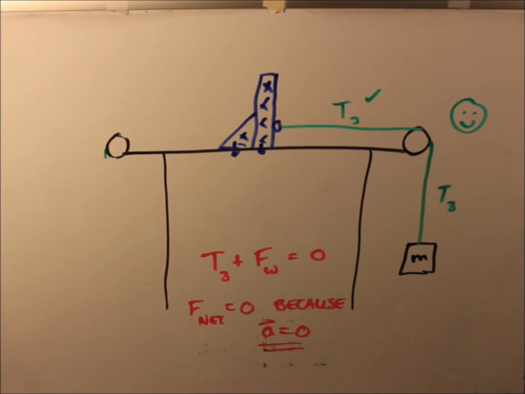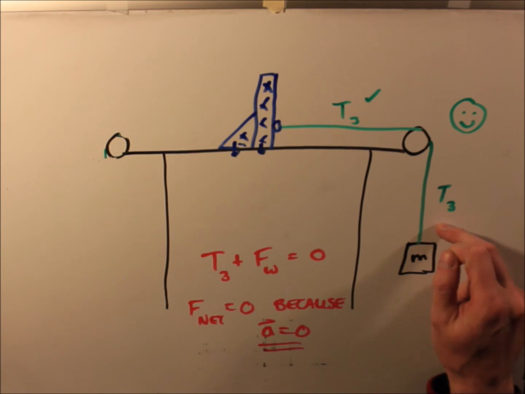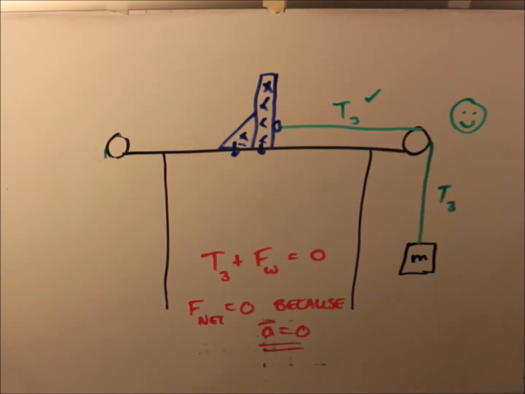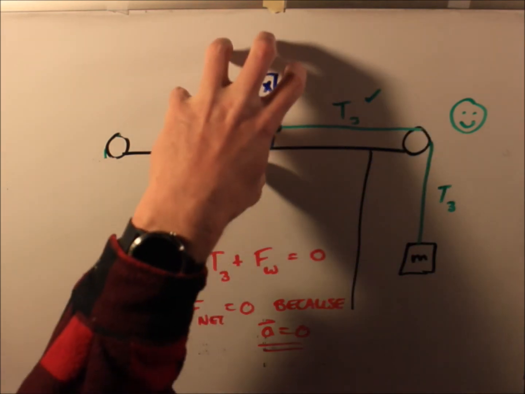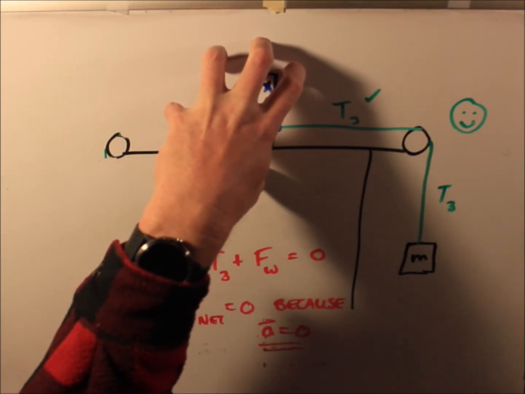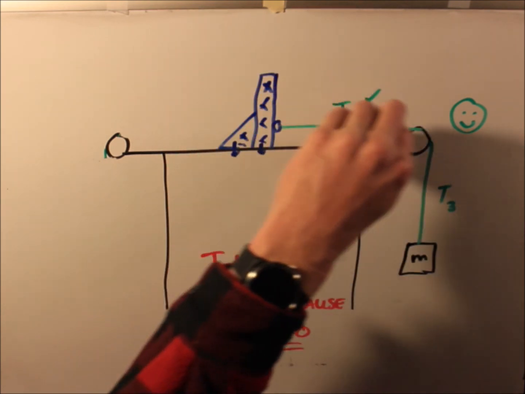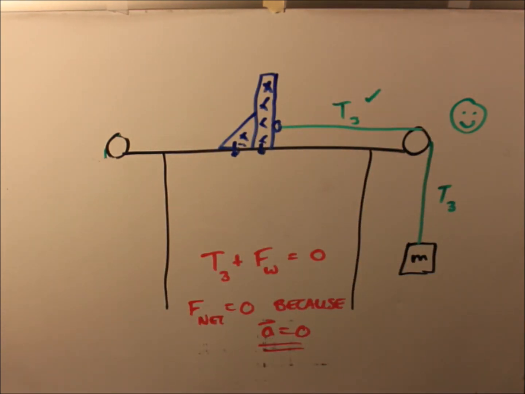How'd you know that? This thing is not moving. Its acceleration is 0, therefore this must be 0. So whatever this force is, it must be offset by this. So that's what's really important. And we see that this rigid object is fast here, and that's supporting this mass. And we pretty much get that.